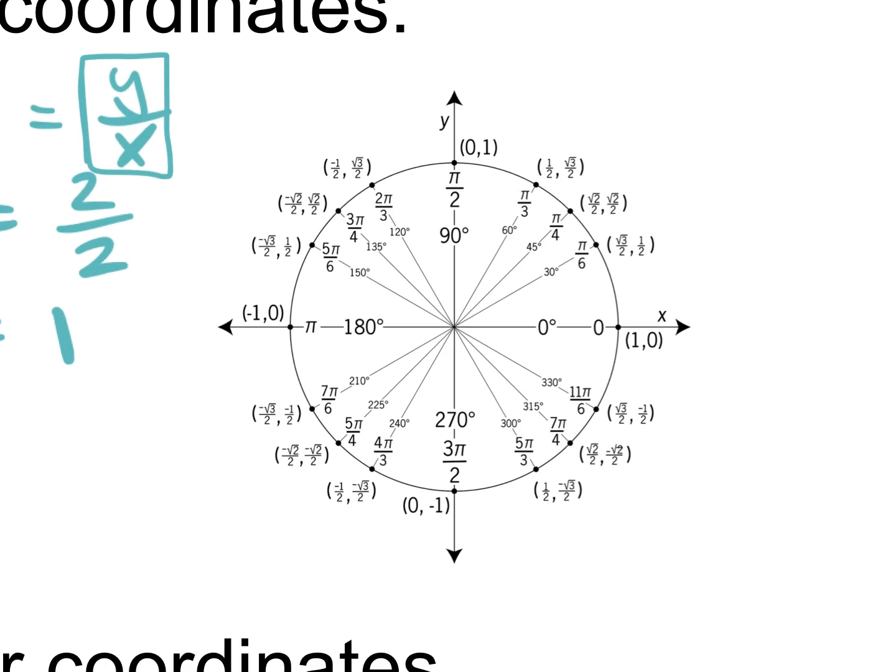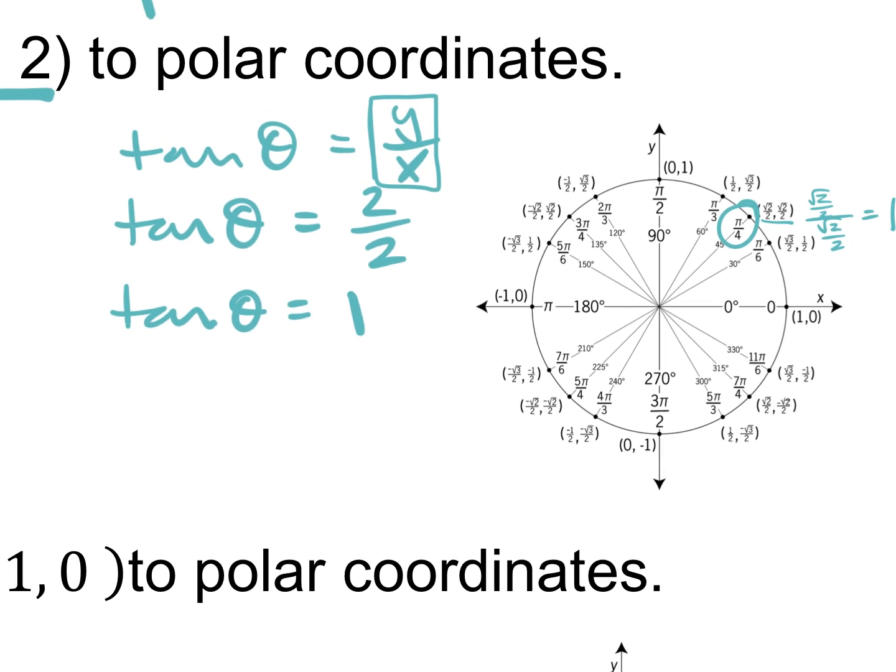So which one of these theta values or radians gives us a tangent of 1? Pi over 4, awesome. If we did square root 2 over 2 over square root 2 over 2 and keep change flip, this would equal 1. So pi over 4 would be our theta.